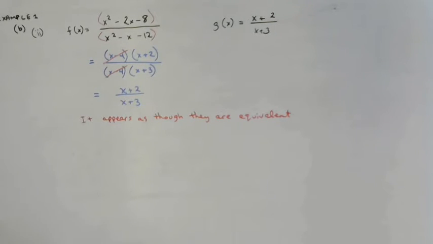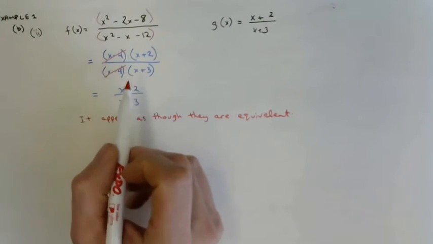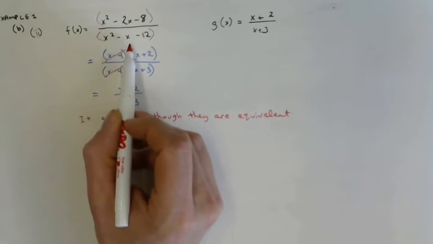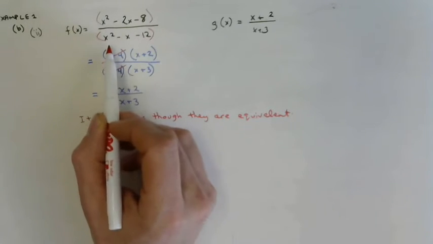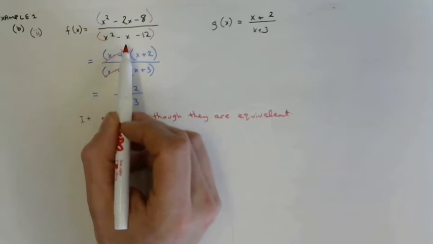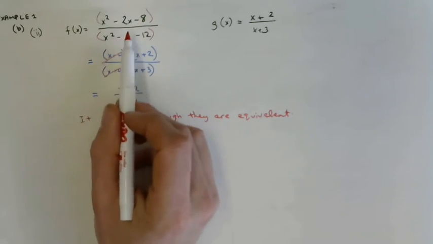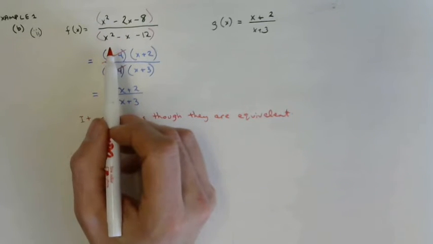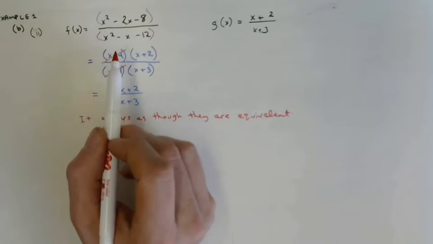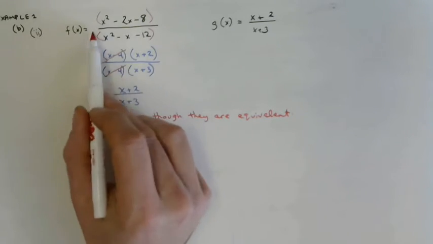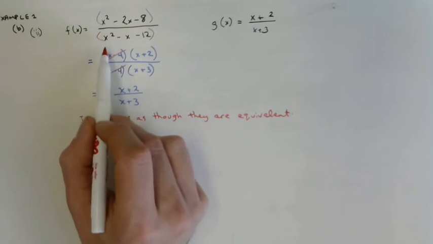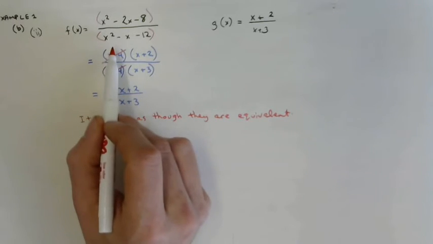We need to look at what actually happened here. Well, we had in the denominator x squared minus x minus 12. What happens when you have a variable in the denominator? What can't the denominator be? The denominator is not allowed to equal 0. So there are actually values in this function where they're not part of the domain, or the function doesn't exist at some values of x.